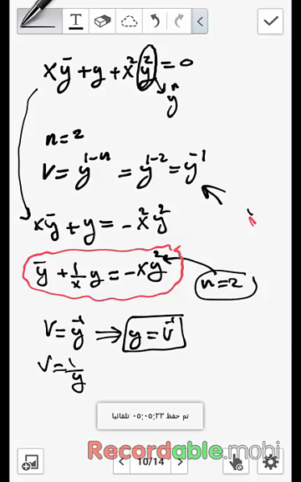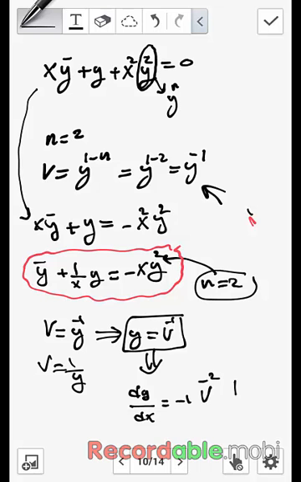Now we need to find dy by dx, because here this y prime is dy by dx. If you differentiate this equation with respect to x, dy by dx will equal minus 1 times v to the power of minus 2 times dv by dx.